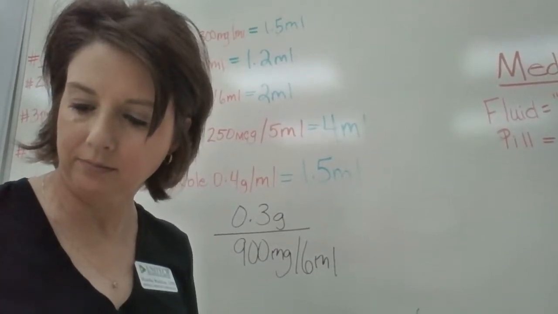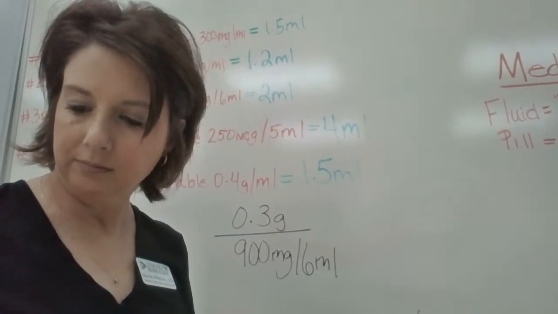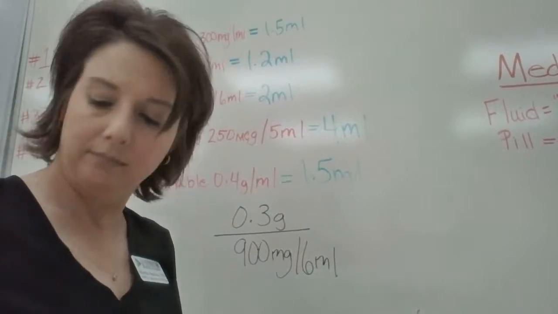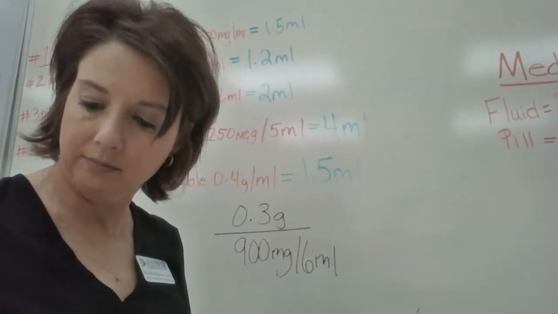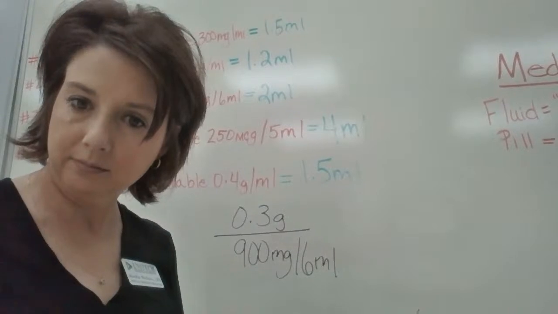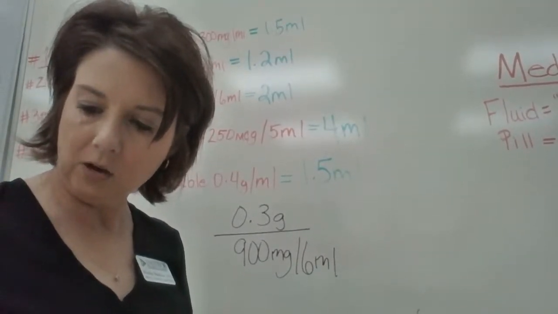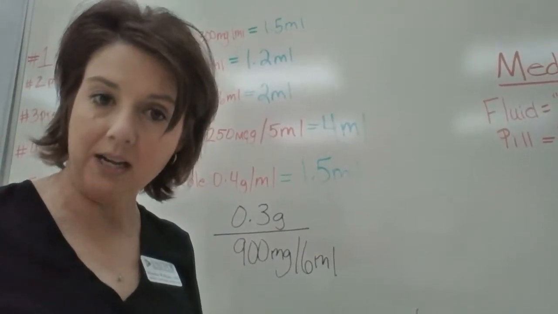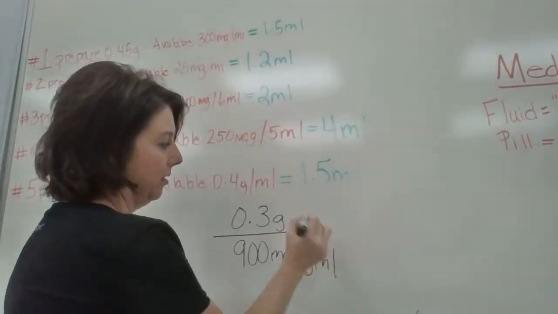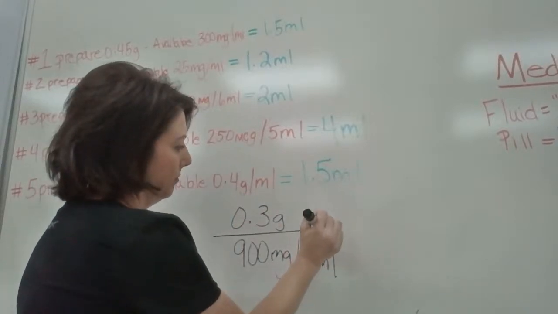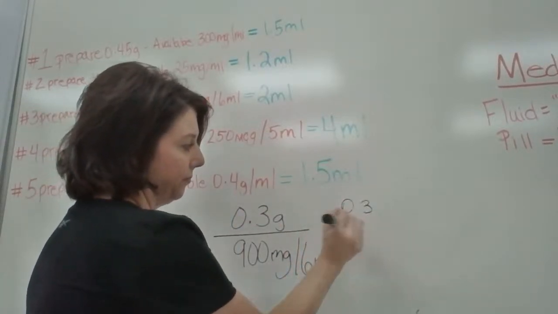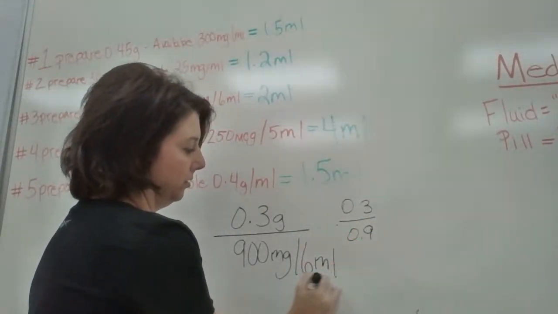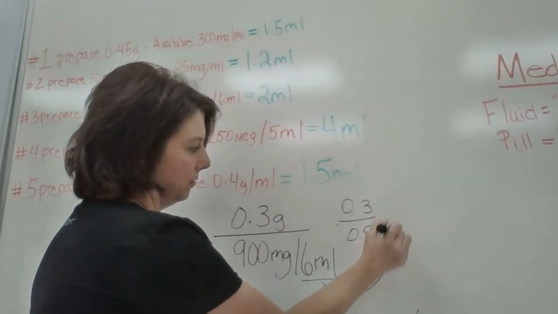Convert. So if we do 900 divided by 1,000, we're going to get 0.9. So then we still have the 0.3. We have 0.9. I'm going to still bring this over so that we don't forget about it. Per 6 meal.